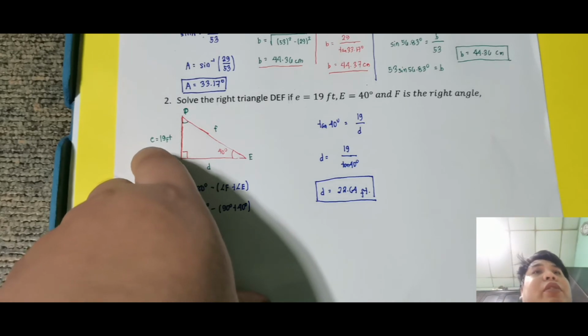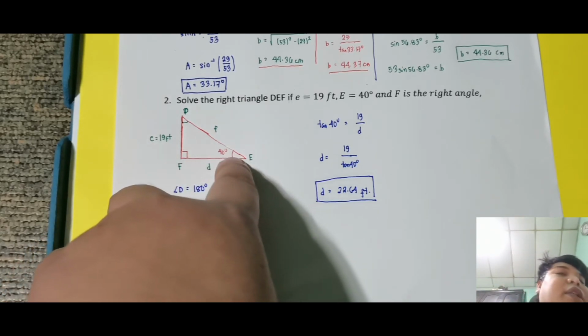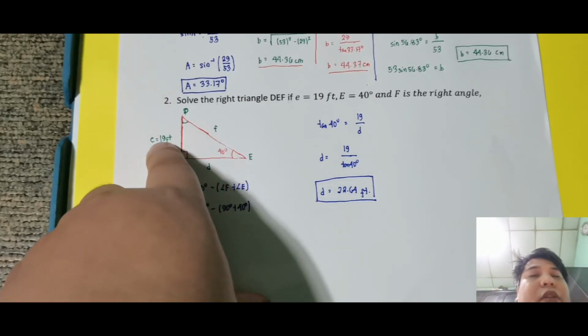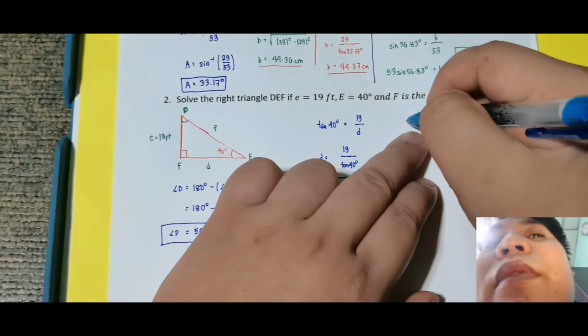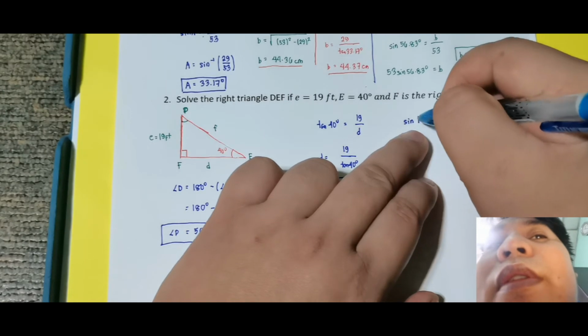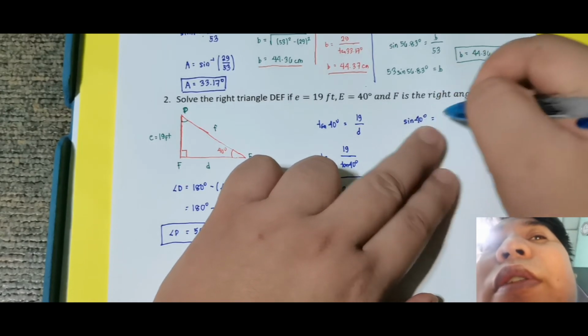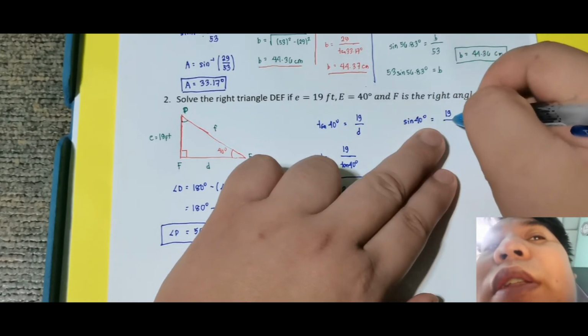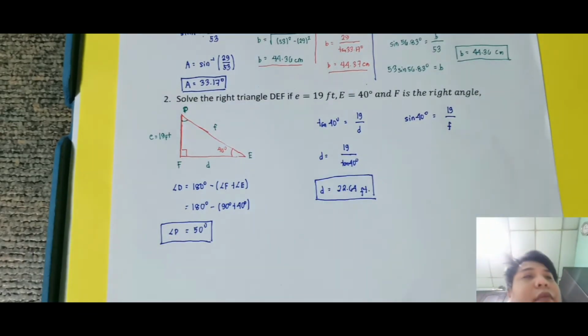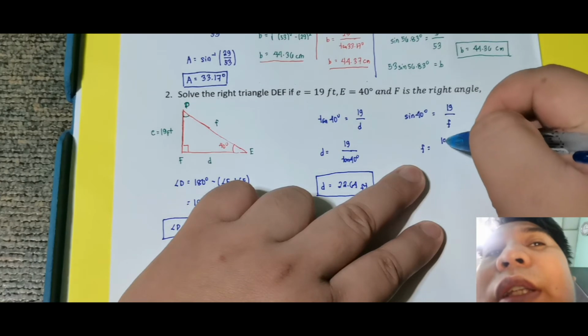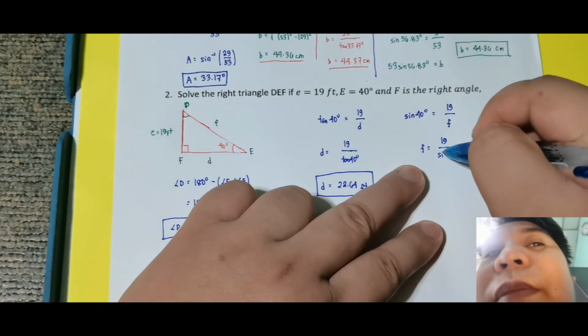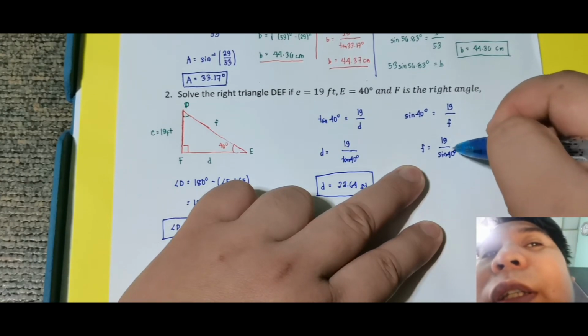Mas sure ako dun. So that is sine 40 is equal to opposite over hypotenuse. Ang gagawin ko, yung pinaka-safe, that is sine 40 degrees is equal to opposite, which is 19, over hypotenuse. Konti manipulation, that is F is equal to 19 over sine 40 degrees.